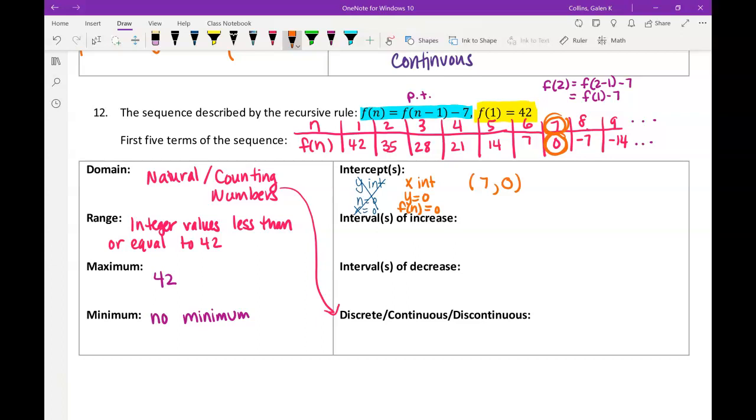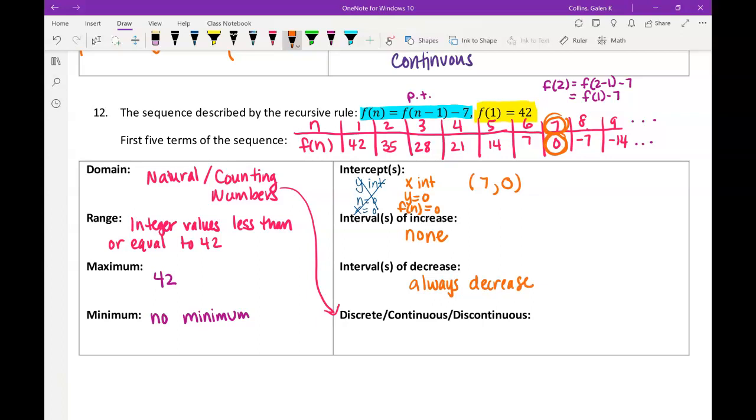Okay, for intervals of increase, well, there are none. This function is never increasing. For intervals of decrease, I'm going to be a little lazy and say that this function is just always decreasing. I'm not going to write interval notation here. All right, lastly, is this function discrete, continuous, or discontinuous?